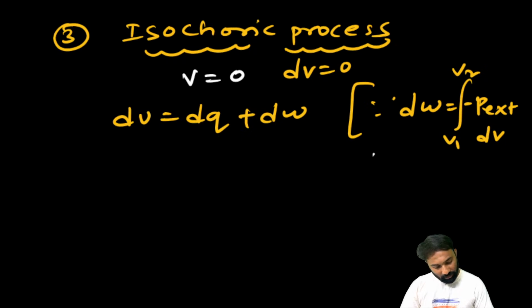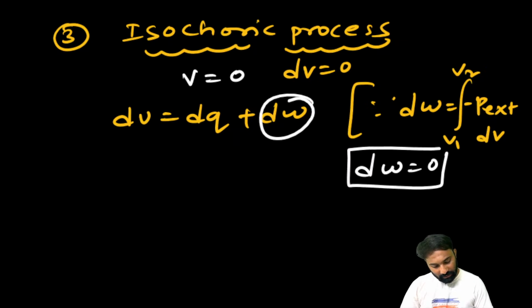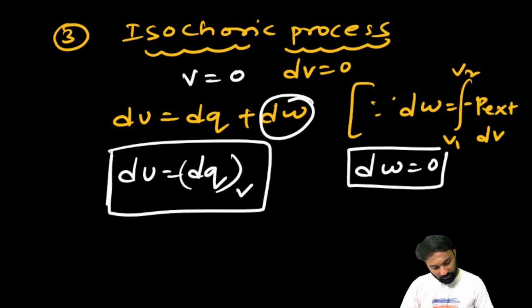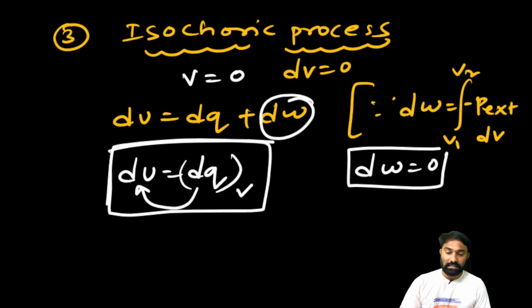If the change in volume is 0, it means W is equal to 0. Clear? Now if dW is equal to 0, dU will be equal to dq at constant volume. At constant volume, whatever heat we have supplied is utilized to increase the system's internal energy. Clear? Done.